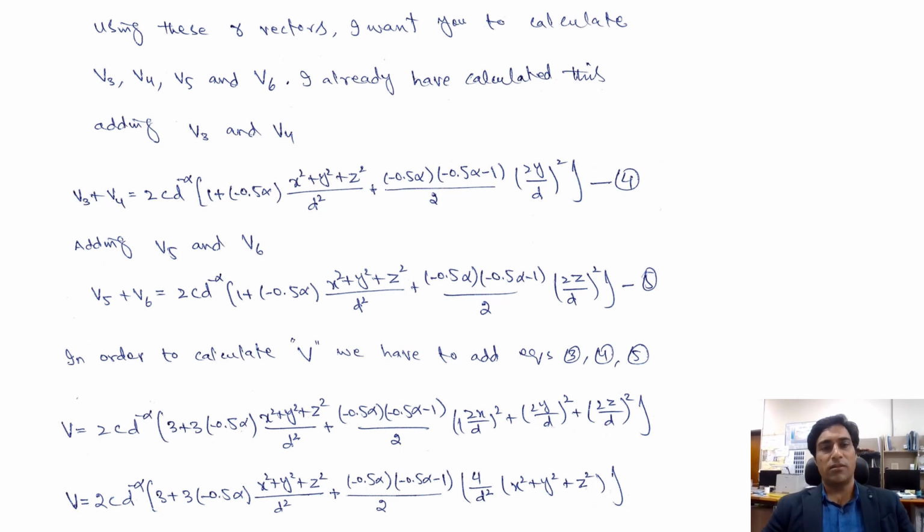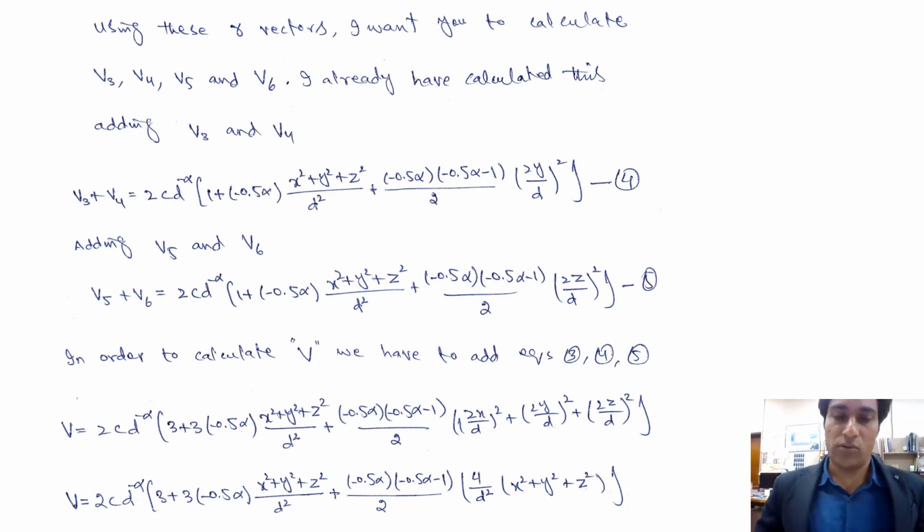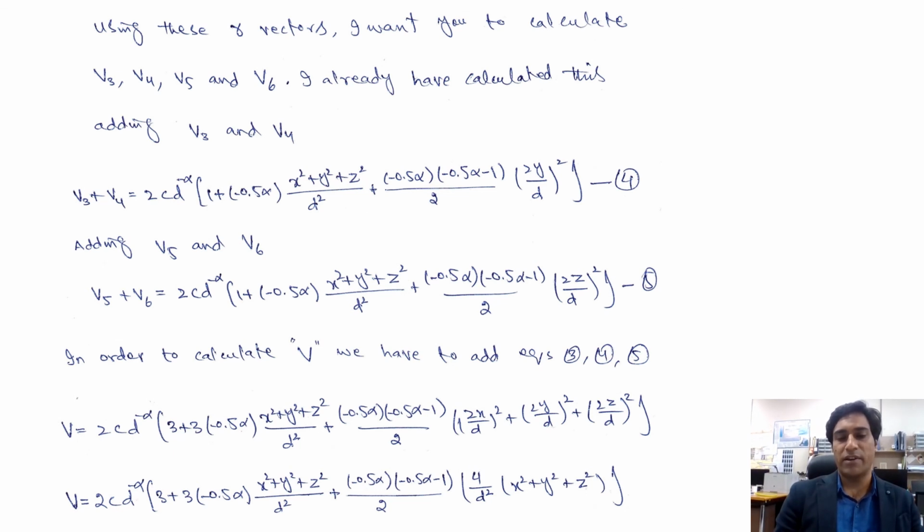So this is the simplified form of this equation, like V is equal to 2cd minus a into 3 plus 3 into minus 0.5a into x square plus y square plus z square over d square plus minus 0.5a into minus 0.5a minus 1 over 2, which is equal to, into 4 over d square into x square plus y square plus z square.